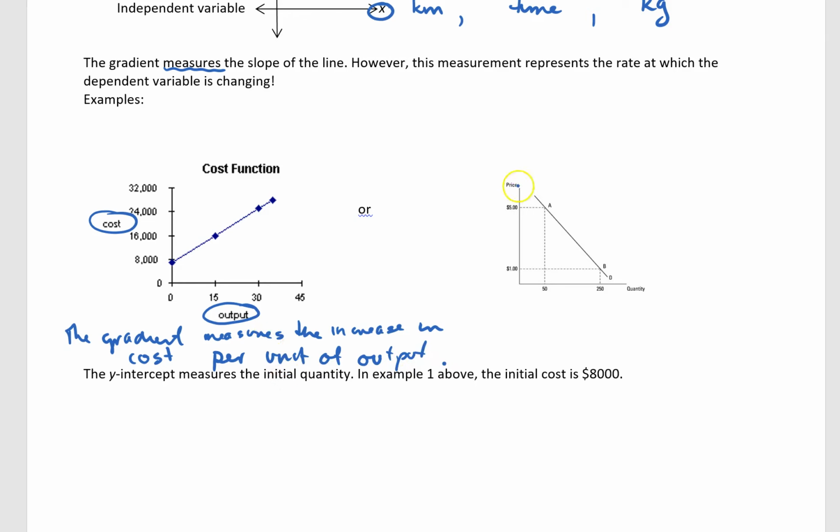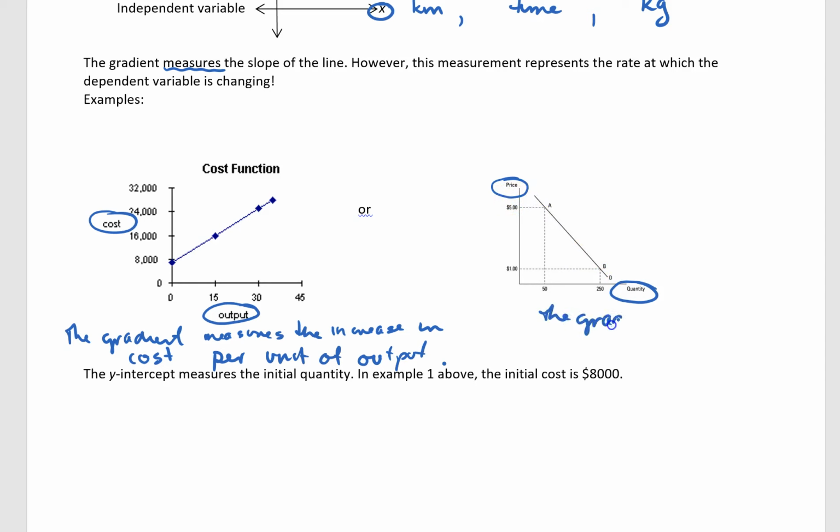Over here, again, we've got price and we've got quantity. So 50 items, 250 items, and you can see that the price is coming down. It's a negative. It's a decrease in the price.